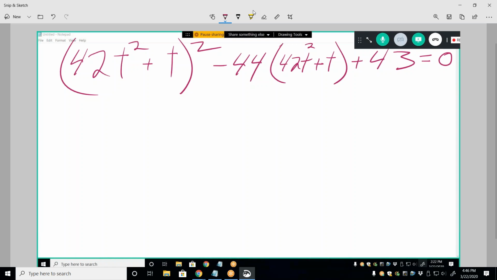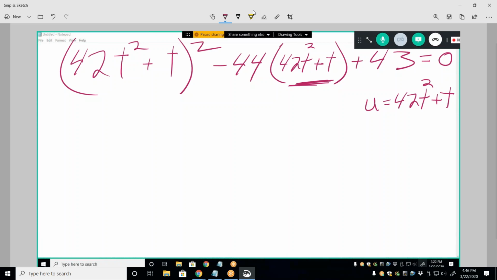Okay. Now this one, I'm going to do it with the U-Substitution just because it's such a complicated U. Okay? And I always choose that one, the middle term. So U is equal to 42t squared plus t. Okay?